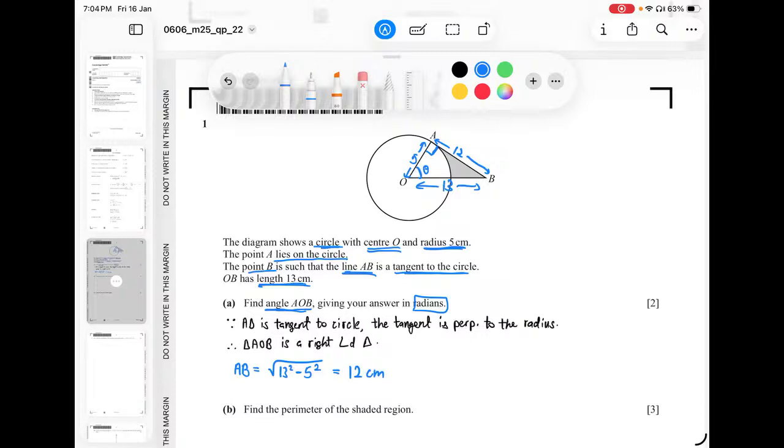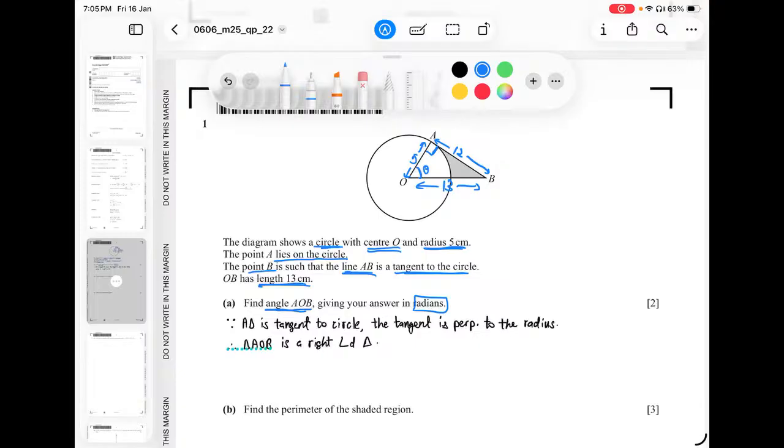Now you need to just find this angle theta in radians. Since it's a right angle triangle, you can use any of the trigonometric ratios. I think you don't need to solve for AB, since you have already been given two of the sides and you need to find the angle. I've just given you AB for information.